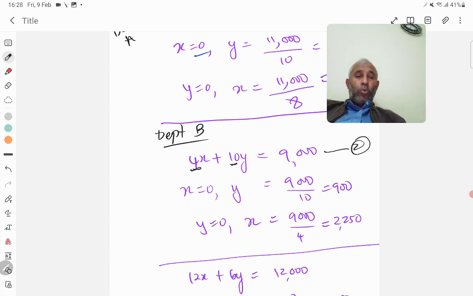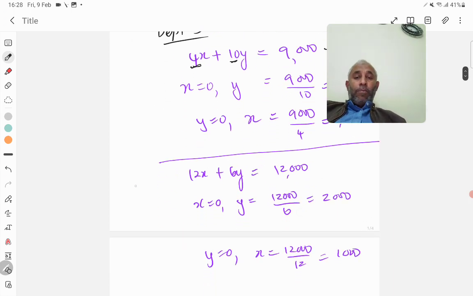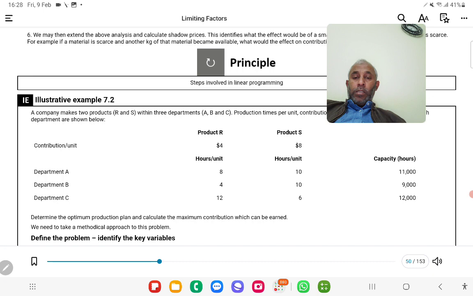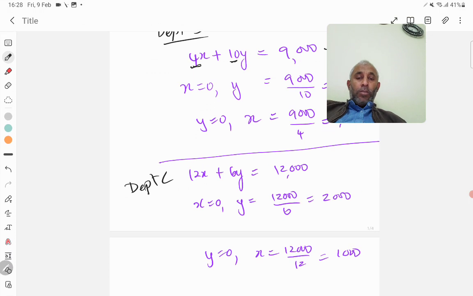This is equation number 2. And then department C will be 12 hours of R and 6 hours of S, so 12x + 6y ≤ 12,000. This is equation number 3.